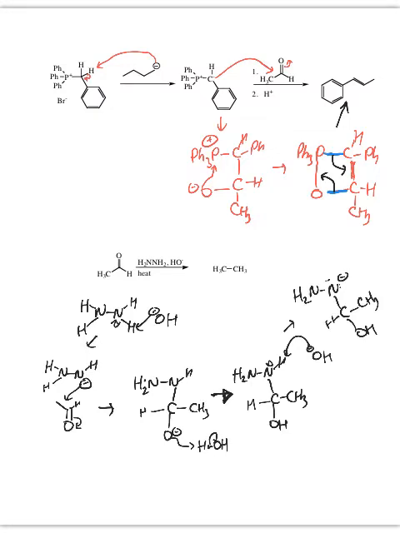And then from here we can form a double bond and kick off our leaving group, which gets us to this, and we'll have to add a page in here to continue on in the mechanism.